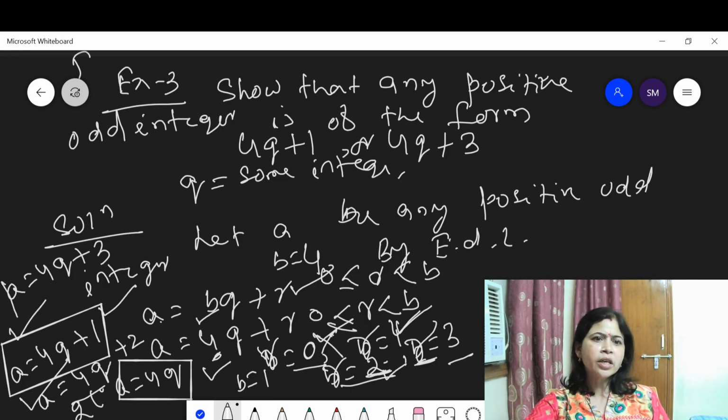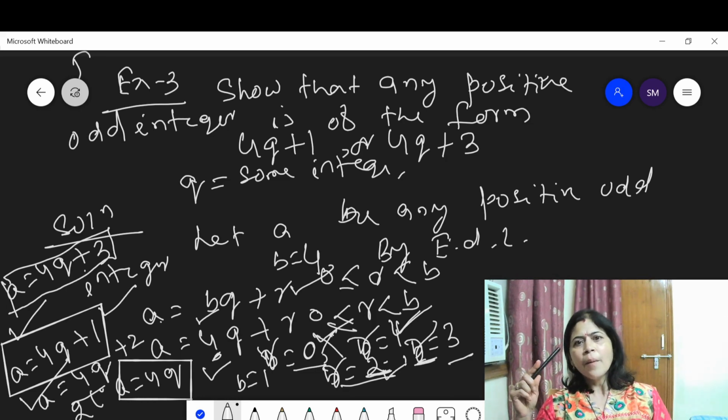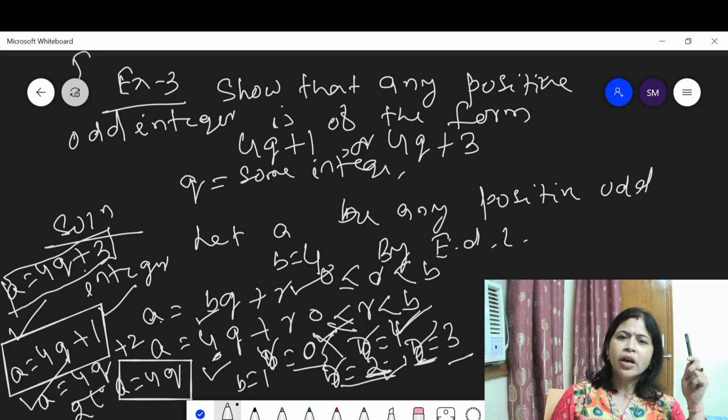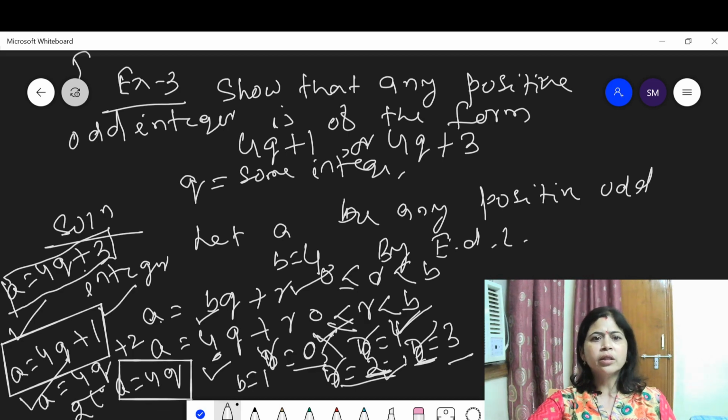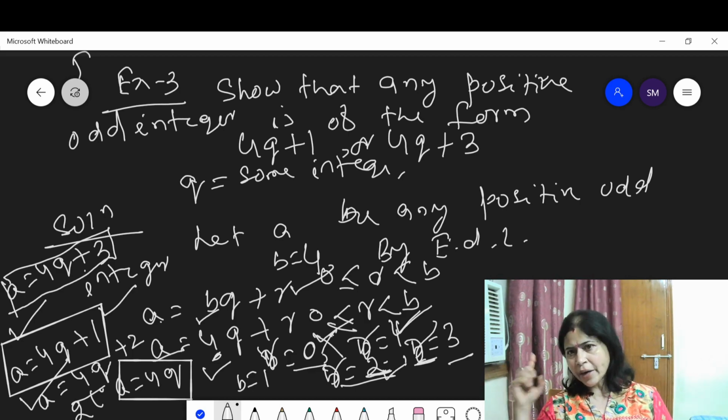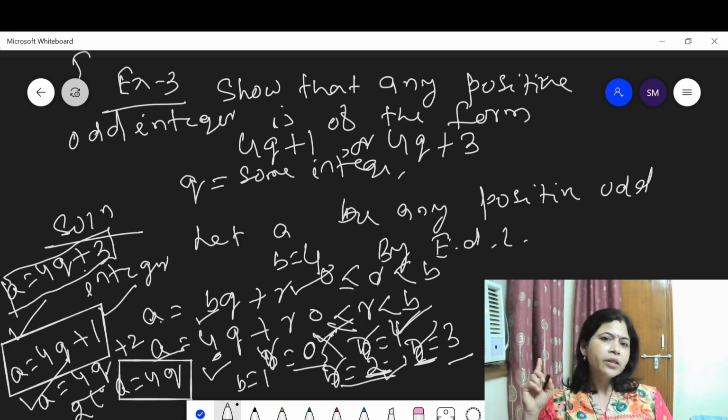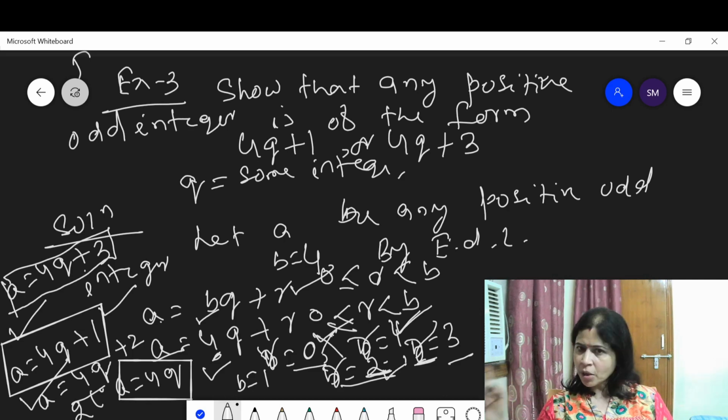These two conditions show that any odd integer can be represented in the form of either 4q plus 1 or 4q plus 3. When the remainder r is equal to 0, you get a as an even number, but the condition we have taken is that a is a positive odd number. Then the remainder equal to 0 is not possible.